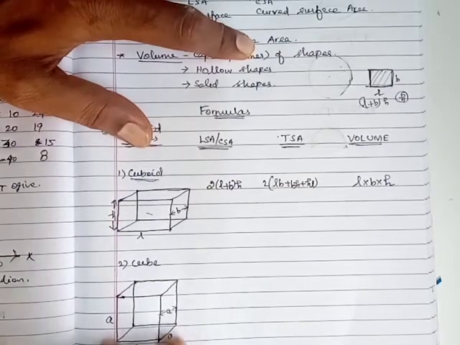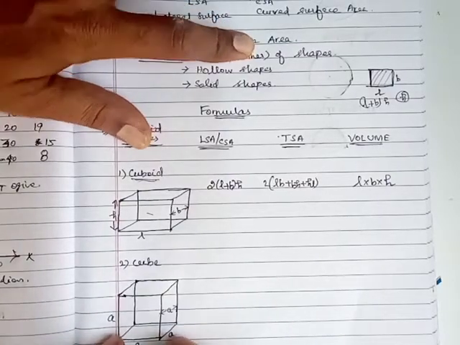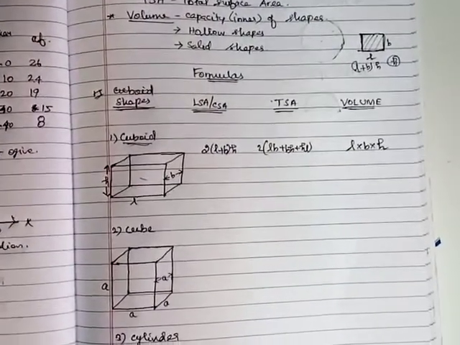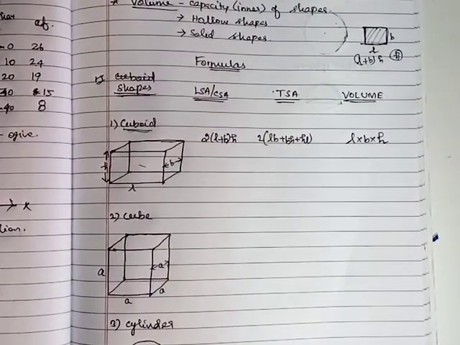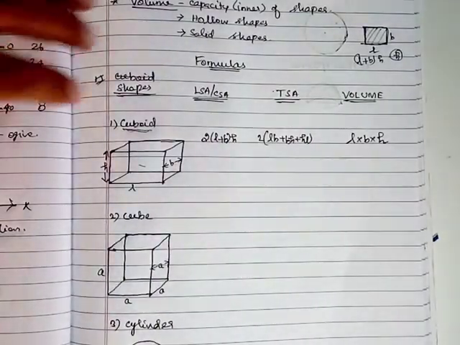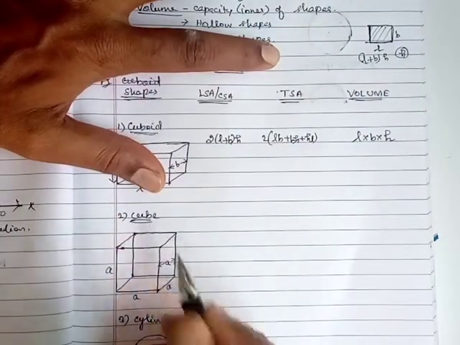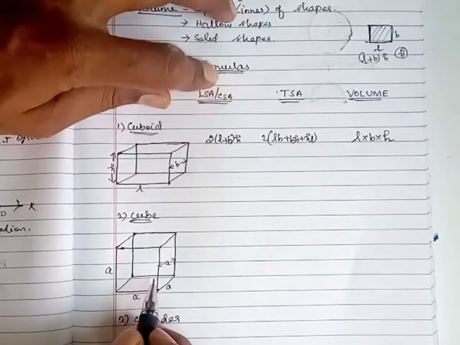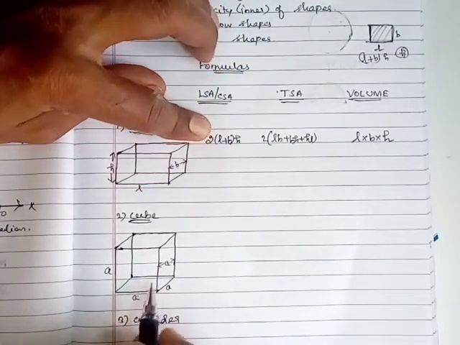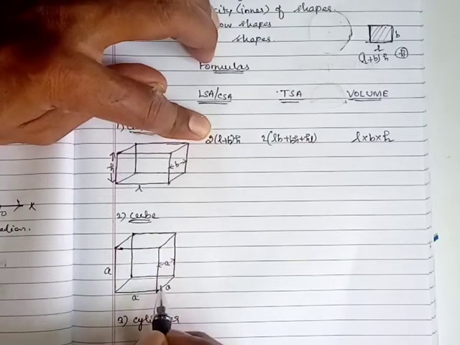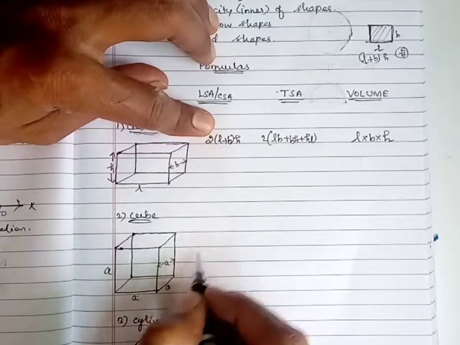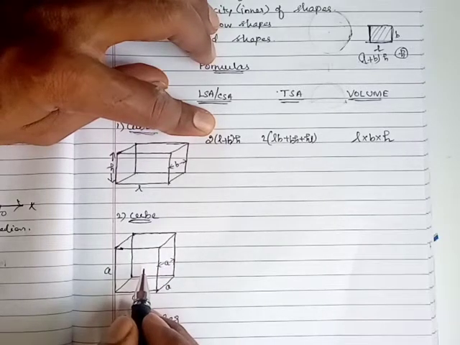Now in case of a cube, what is a cube actually? This is also a cuboid-like shape, but all sides are equal. If all sides are equal, you just substitute the values of the sides in the lateral surface area formula. This has no curved surface, right?